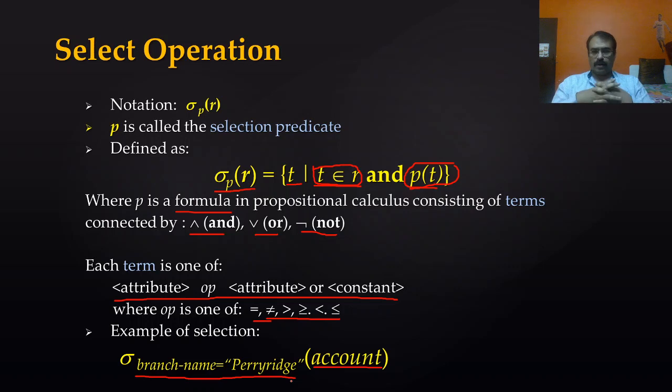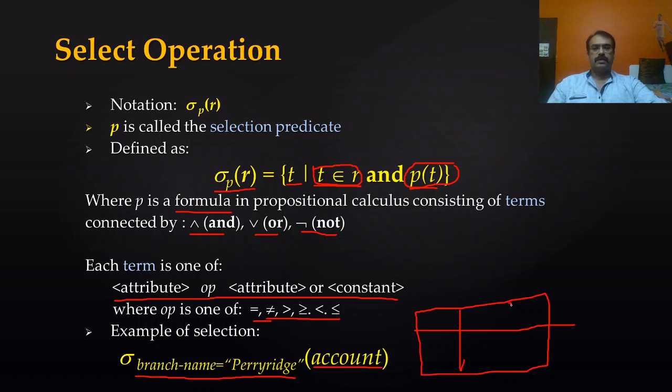Keep that example for reference, so it will be easy for you. It is going to print a table with account number, branch name, and balance, where all the branch names are the same and the rest of the details are also presented. So this select ultimately works like the where clause, where we are printing all the rows.